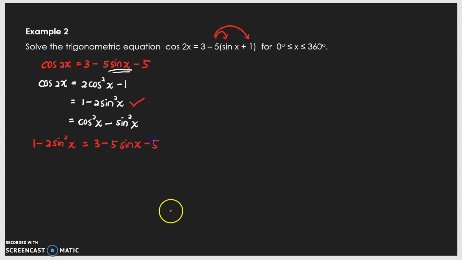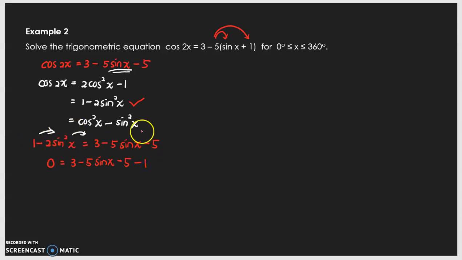minus 5. So I try to simplify by moving this term to the right hand side. On our left hand side is 0, equal to 3 minus 5 sin x minus 5. When I move 1 to the right hand side, it becomes minus 1.